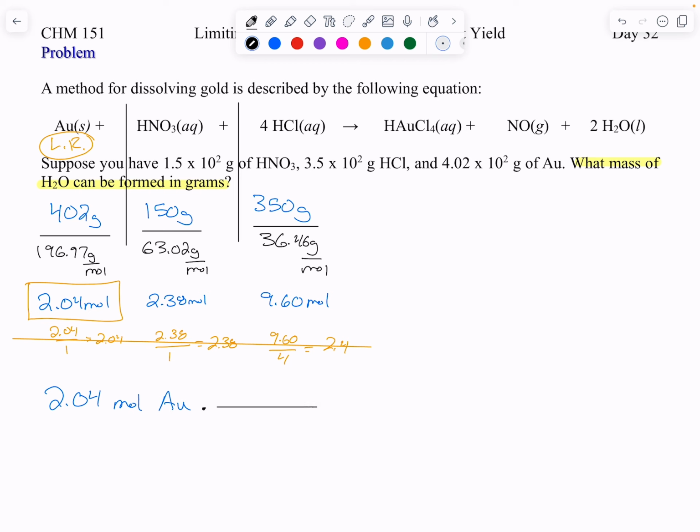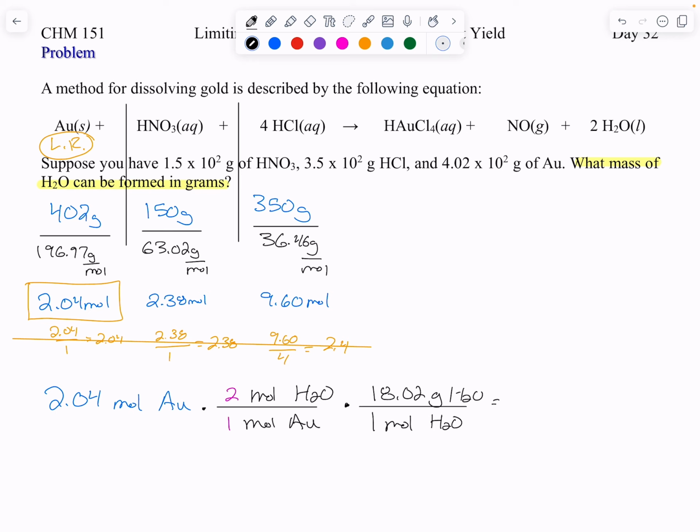So I'm going to take my 2.04 moles of gold. And we know moles of gold versus moles of H2O, we have 1 and 2. And then we're going to mass. So 1 mole of H2O is 18.02 grams of H2O. Hopefully you've been doing all these molar masses, and some of them you recognize, because you're calculating a lot.